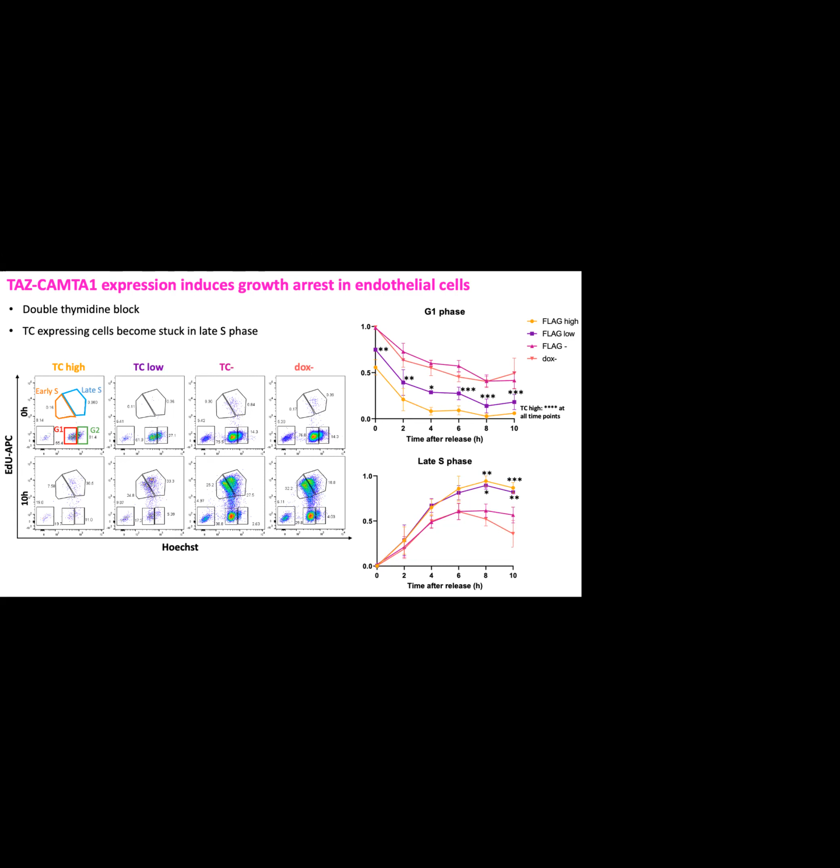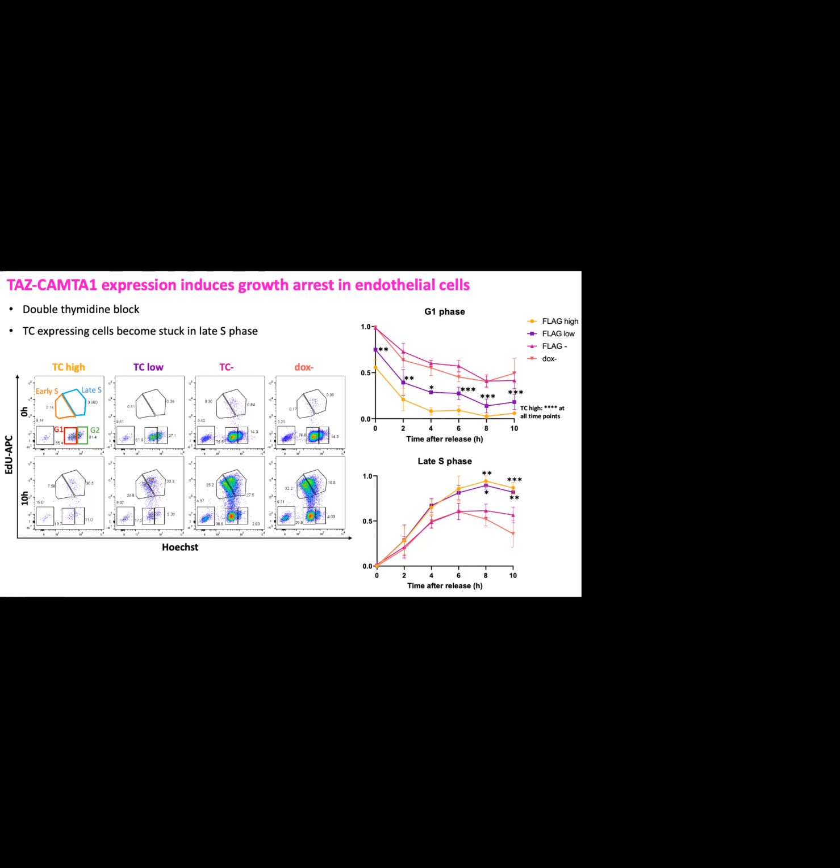And what you can see is that the TAS-CAMT1 expressing populations, both the high and the low expressors, not only are they more difficult to block in the first place, they seem to accumulate in this late S phase here. So this is suggesting to us that these aren't actually cycling any faster than the non-expressing populations.